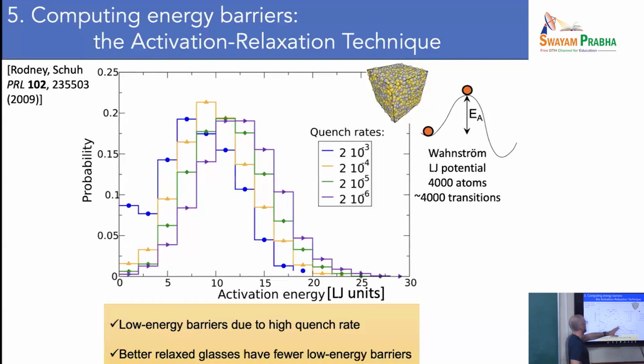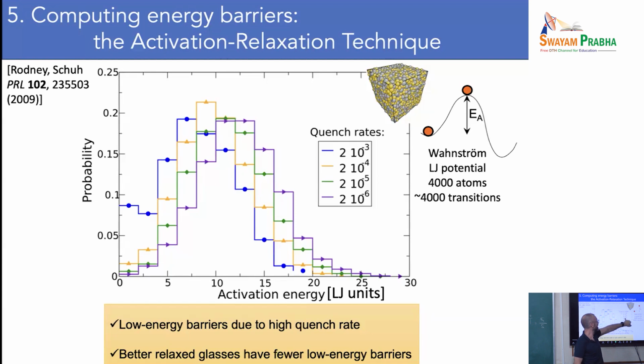So forget about the units, they are Lennard-Jones units, both of energy and time. In truth, if I was using real units, that would be on the order of 10 to the 7 Kelvin per second.